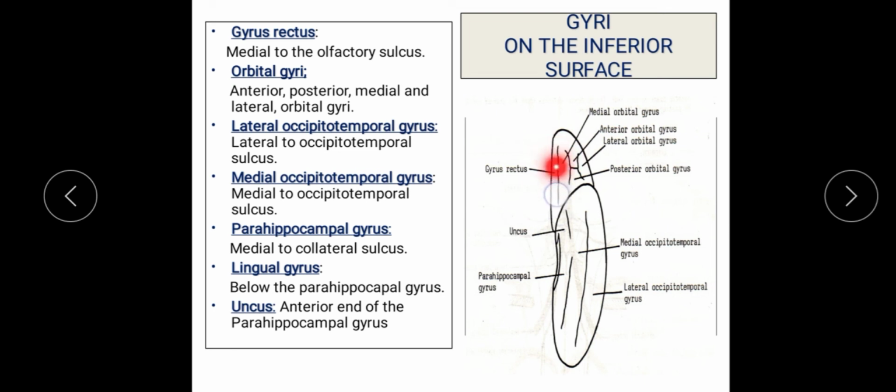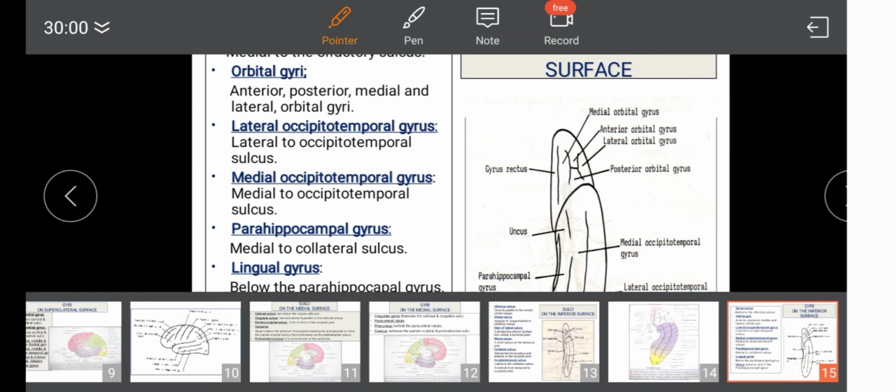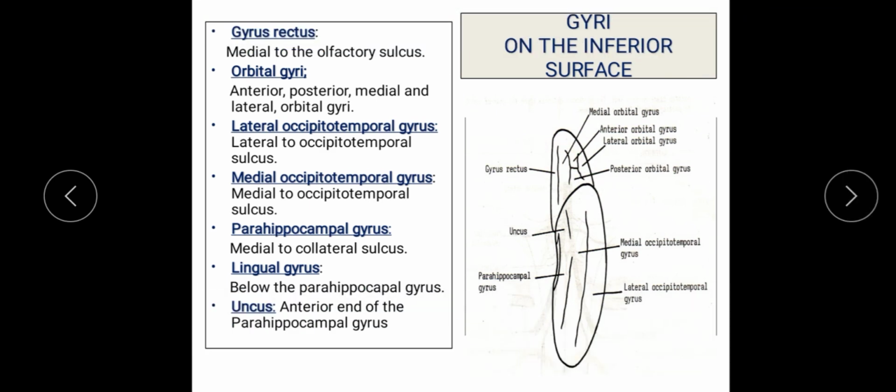There are anterior, posterior, medial and lateral orbital gyri around the irregular H-shaped orbital sulcus.